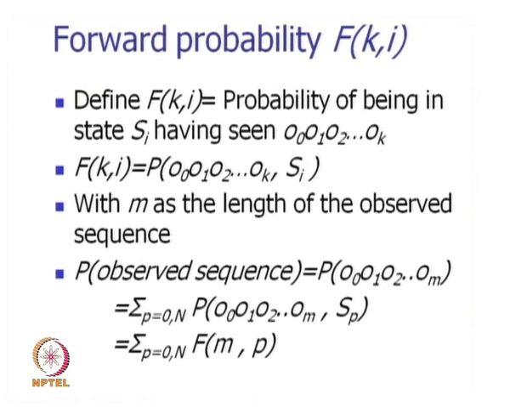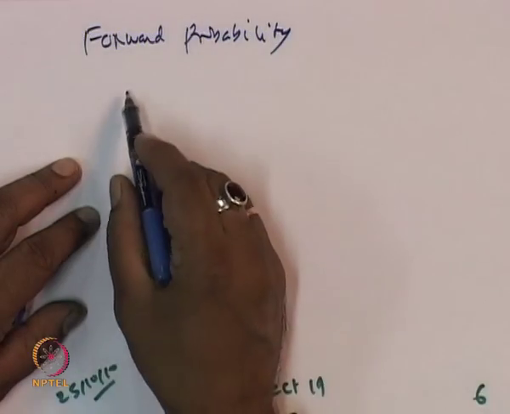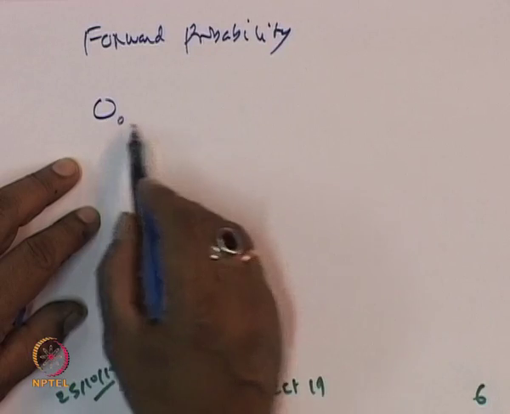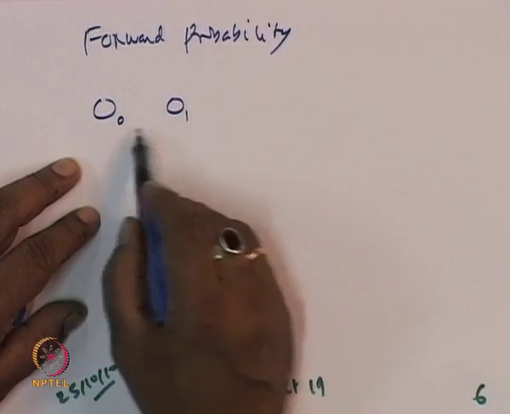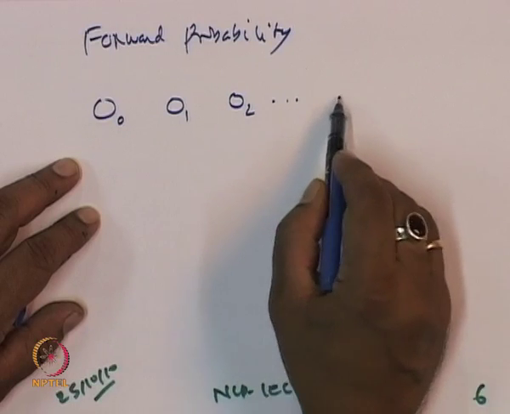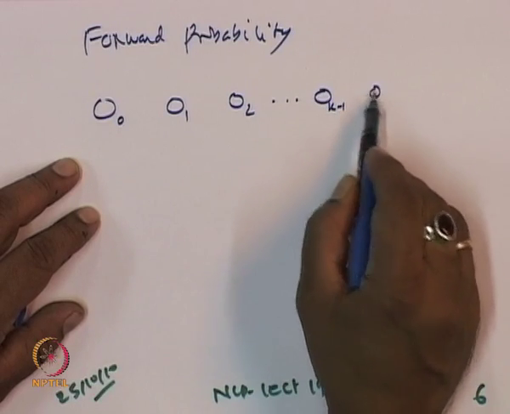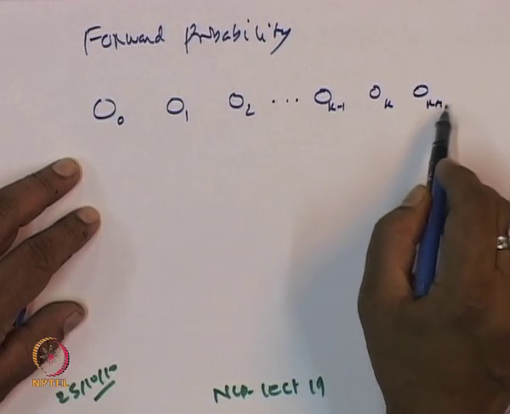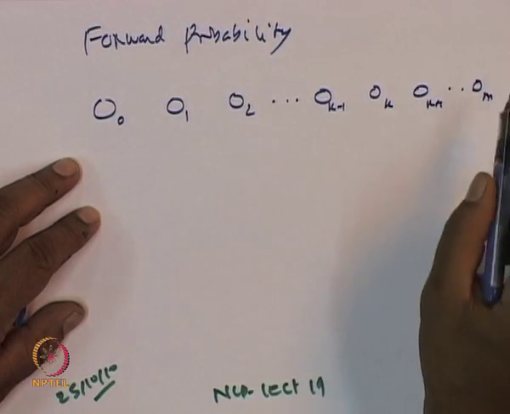The forward probability f k comma i is the probability of being in a state S i having seen O1, O2 up to O k. So, this is better expressed by working through the mathematical calculations. We are working out the forward probability, so a diagram is useful here. We have the symbols O0, O1, O2, O k minus 1, O k, O k plus 1, O m.